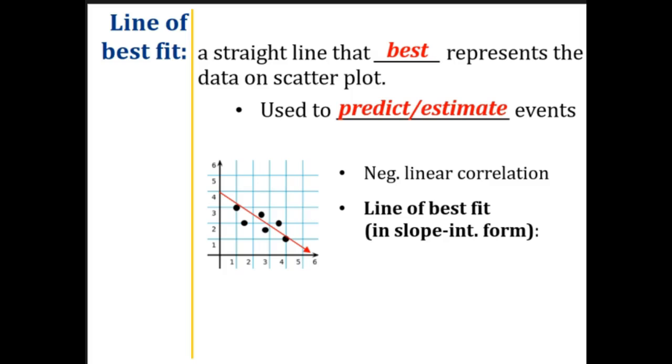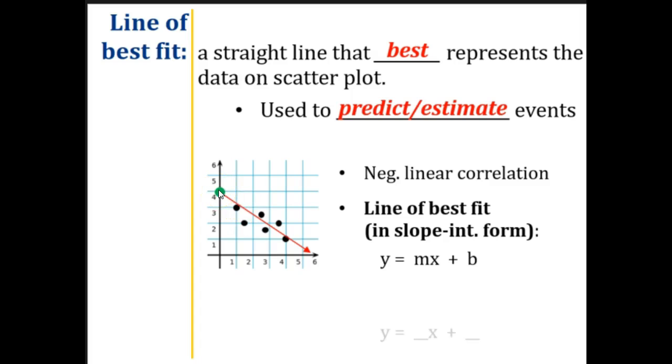So if I were to create an equation, it would be y equals mx plus b, or slope-intercept form. Okay, go ahead and copy this down. All right, so in order to do that slope-intercept form, we need to find two places where it intersects exactly at our points.